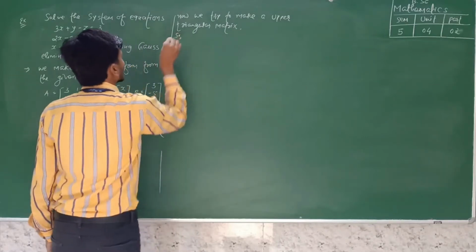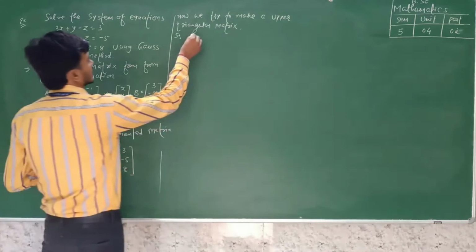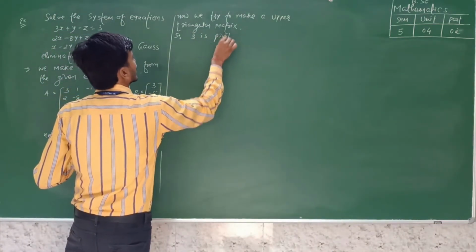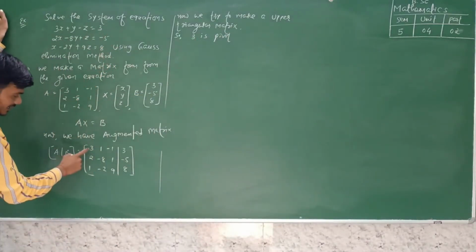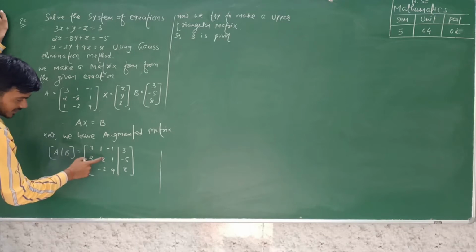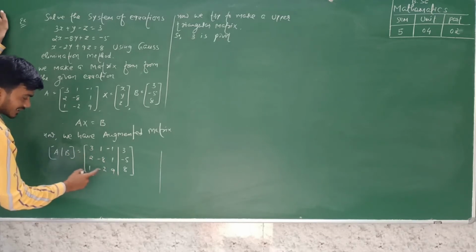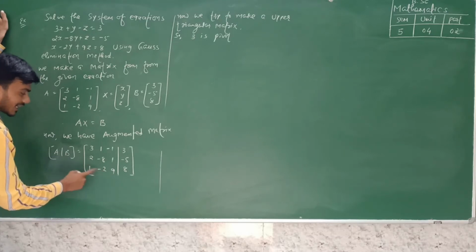This first one is not 0, so 3 is the pivot. To make an upper triangular matrix, the elements below the leading diagonal elements must be 0. This one and this one, we try to make these elements 0.